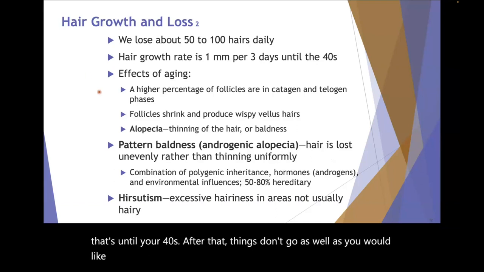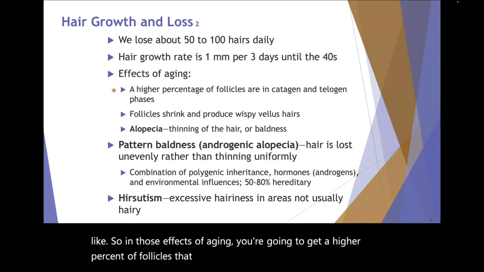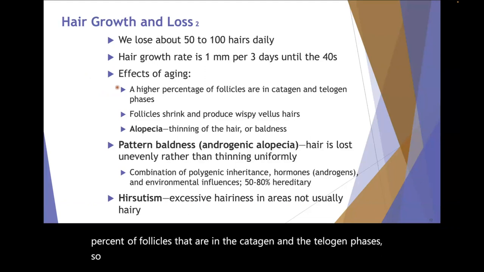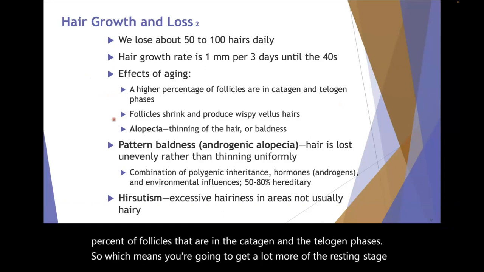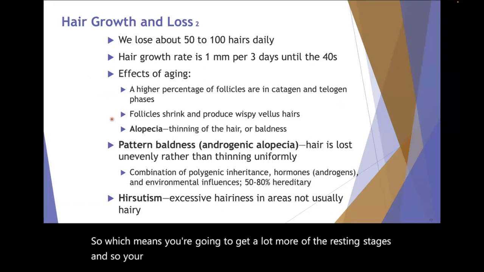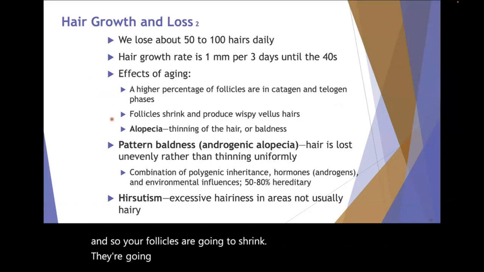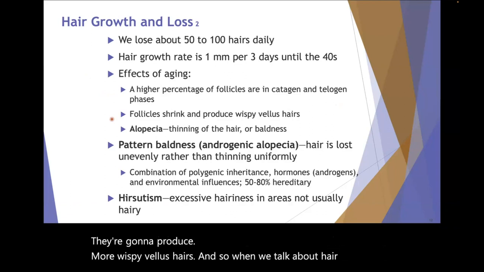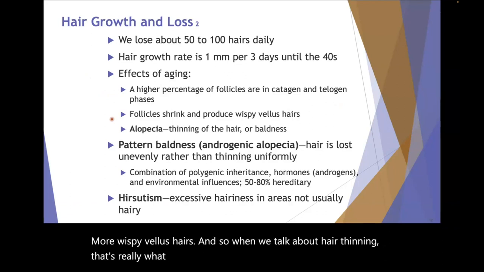With the effects of aging, you're going to get a higher percent of follicles in the catagen and telogen phases, which means a lot more of the resting stages. Your follicles are going to shrink and produce more wispy vellus hairs. When we talk about hair thinning, that's really what they're talking about.